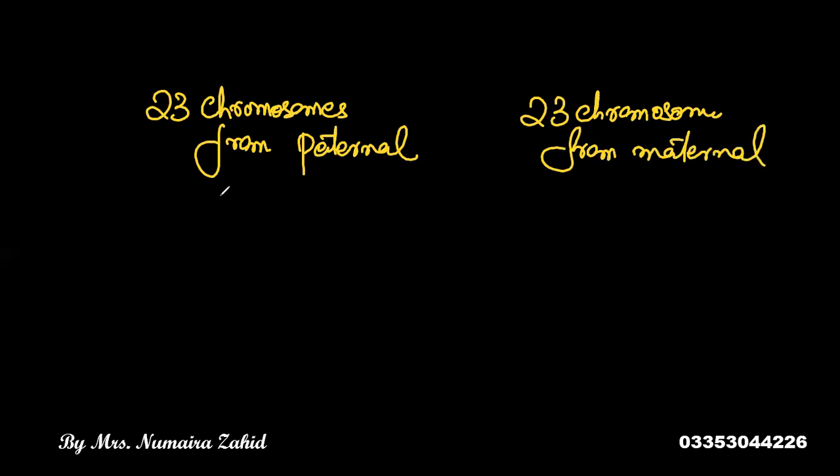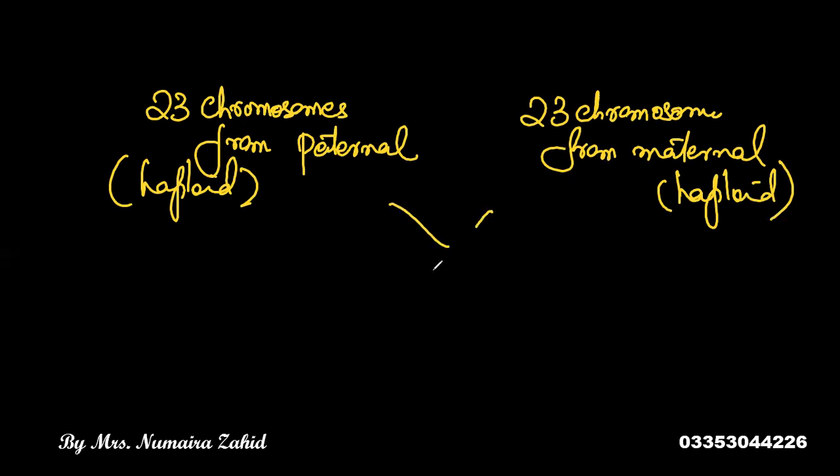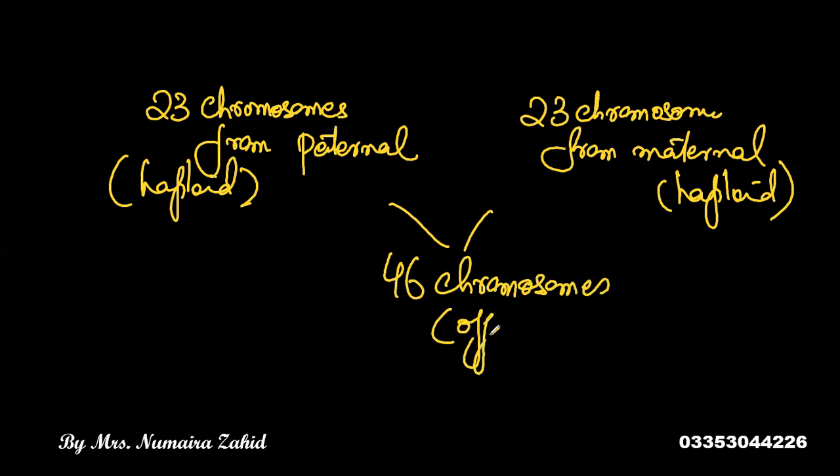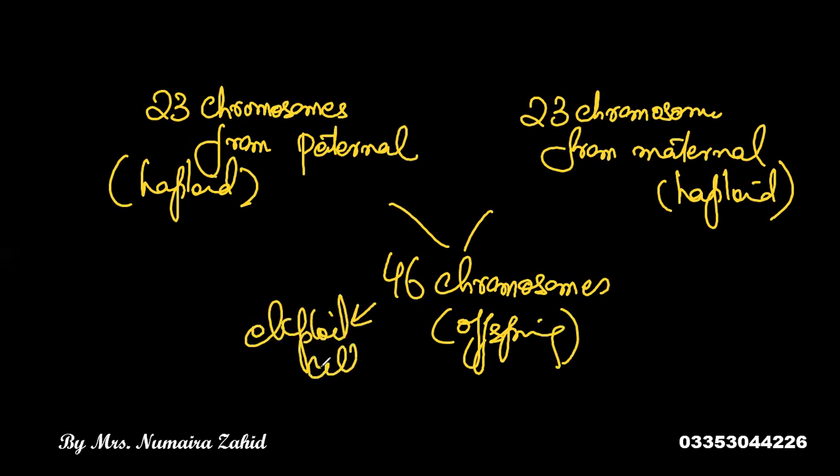Okay, and when these haploid cells unite together, they make up 46 chromosomes in the offspring. And this is a diploid cell, which is called the zygote.